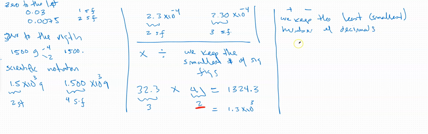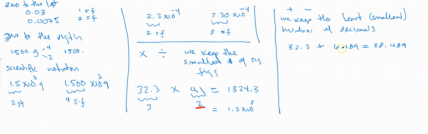Let me give you an example. Let's do something a little bit more interesting. Let's say 32.3 plus 6.189. Okay, so if we do this, this will give you 38.489.